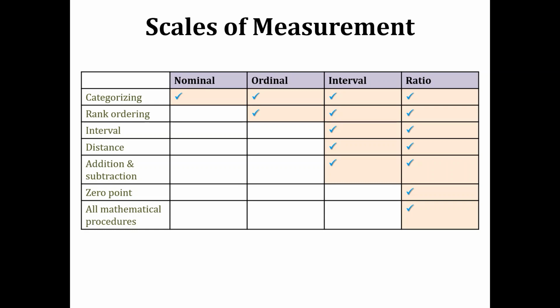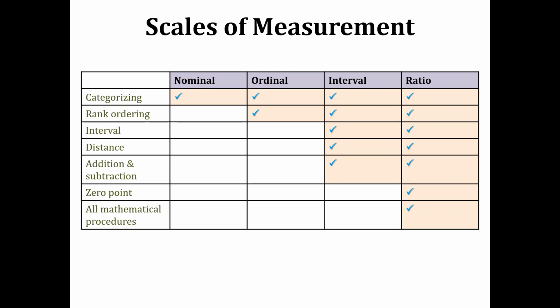So the ratio scale is the highest level of measurement, and it has the properties of all of the scales, in addition to having a 0 point and the possibility of being used with all the statistical and mathematical procedures. So here is a quick look at the scales of measurement.